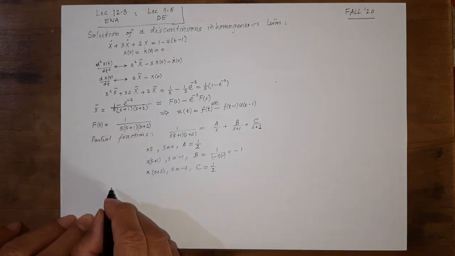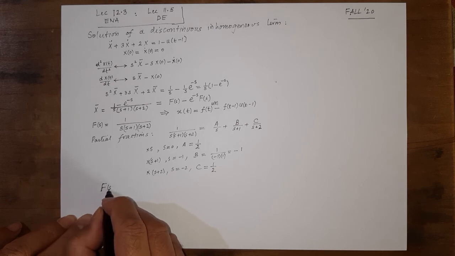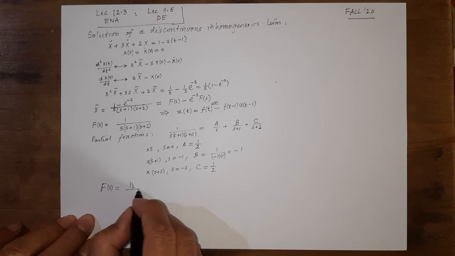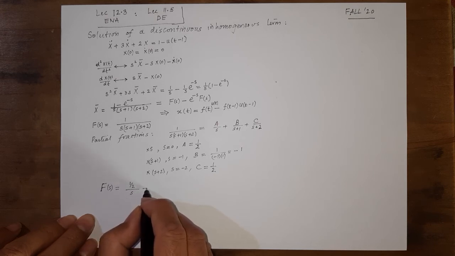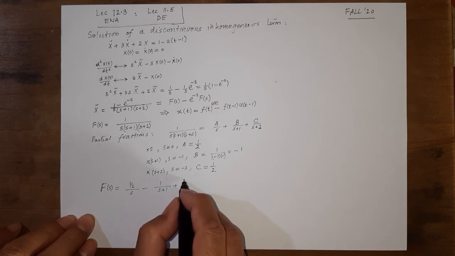So what do we get here? F(t), or let me not skip a step. So this F(s) here can be written as 1 by 2 over s minus 1 over s plus 1 plus 1 by 2 over s plus 2.